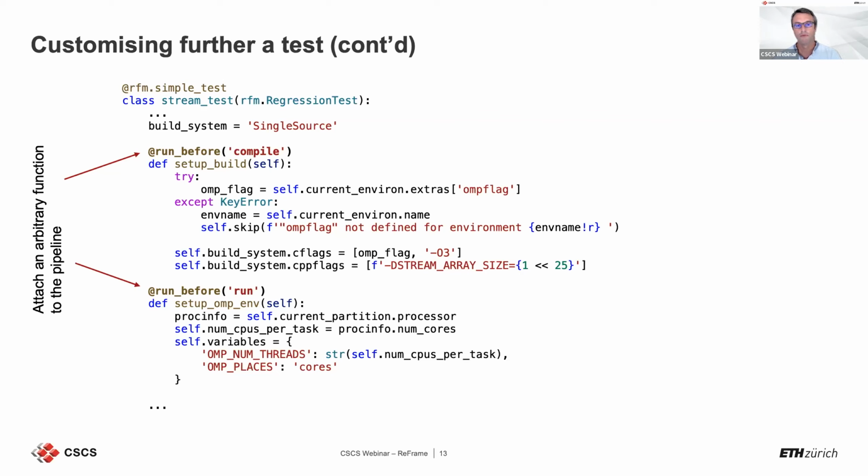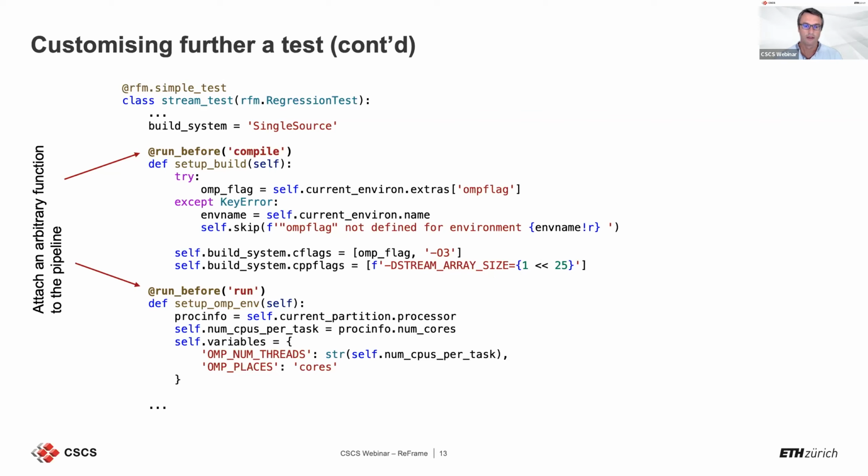So here we say before you compile, execute that function, which practically takes the OpenMP flag that's defined in the current environment that's now being tested, and applies it with an optimization level, and it adds some flags.